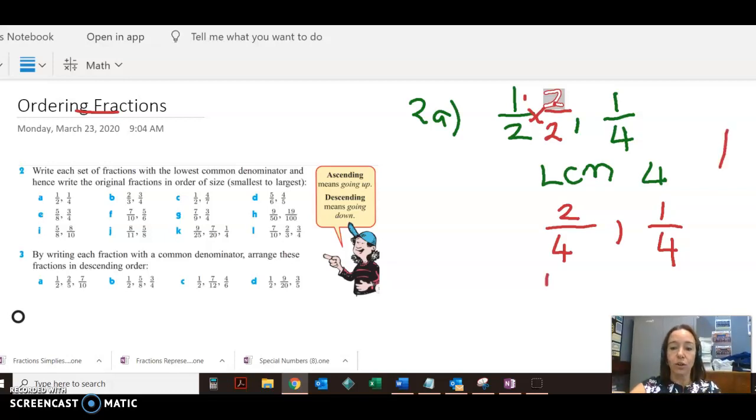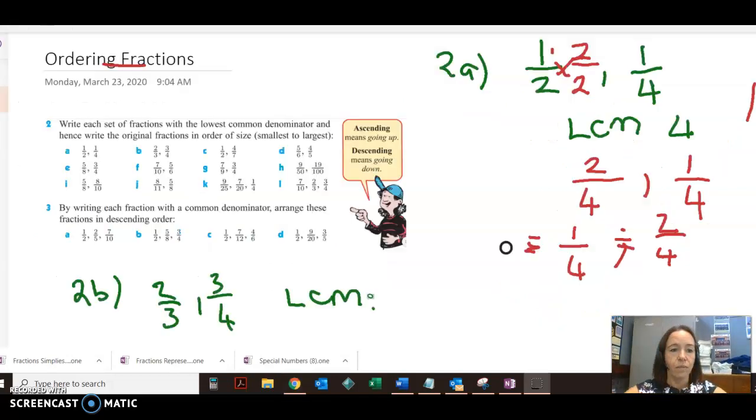So it's going to go a quarter and then 2 quarters, or a half, whichever way you want to write them. So I know that a quarter will come before a half in this case. You try B now on your own. Pause the video.